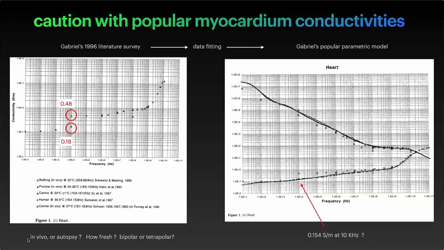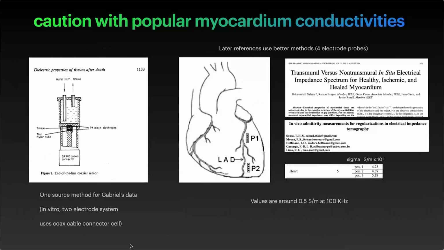So I like to look at whether the data was in vivo, was it from an autopsy, how fresh was it, measured with a bipolar system or a tetrapolar system, which is more robust and protects against polarization errors. Here, for example, is more recent data that was used as a source for myocardial conductivity data. So just a word of caution there.